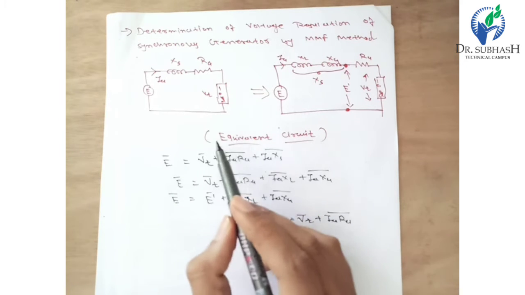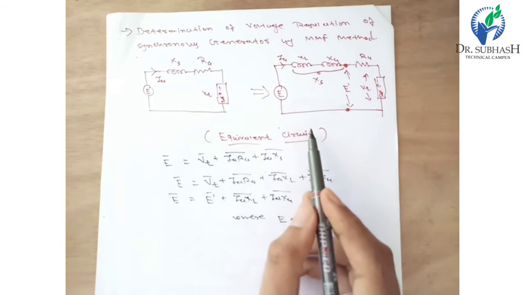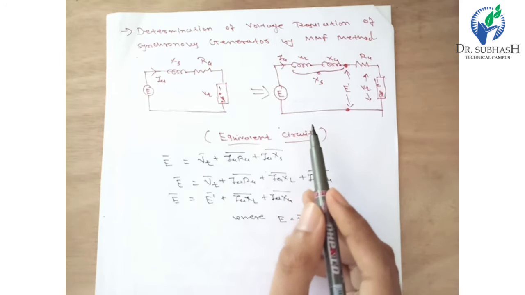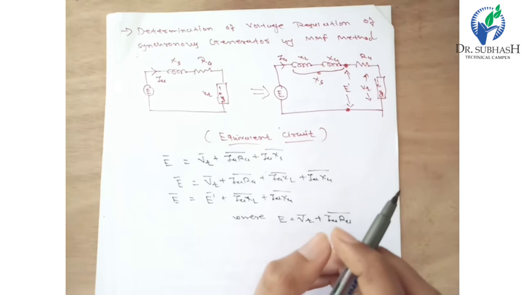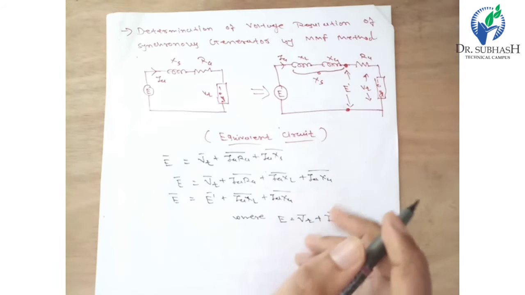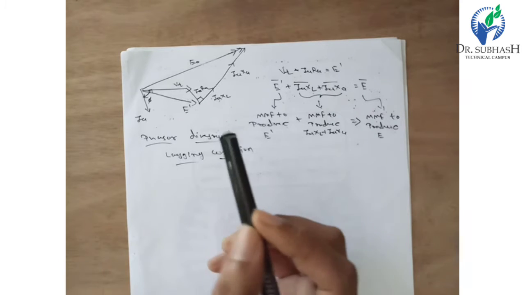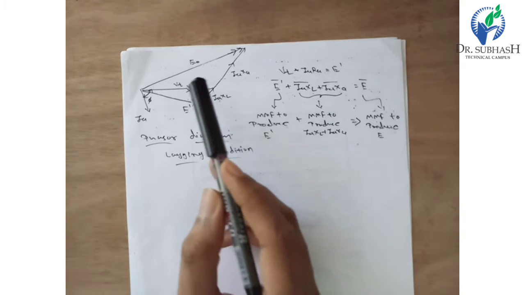So, by using the equivalent circuit, we draw the phasor diagram for the lagging, leading and unity power factor conditions of the MMF method. In the phasor diagram for the lagging condition, we first get E dash.